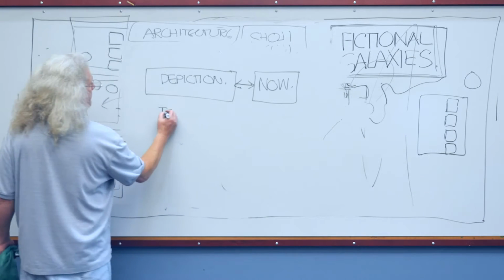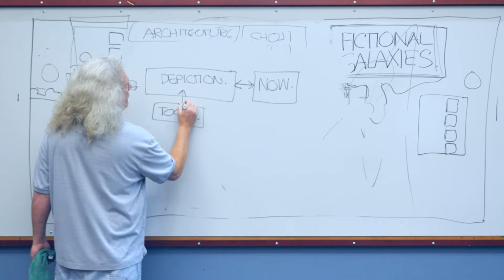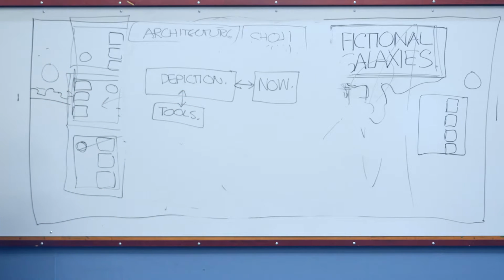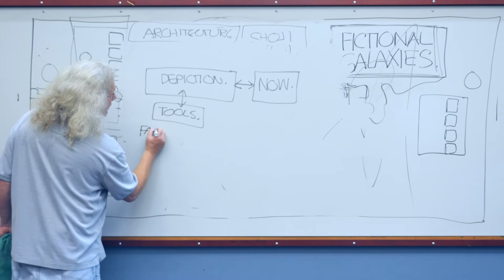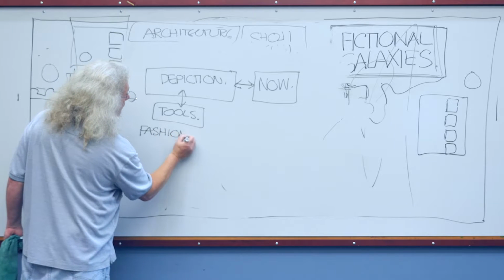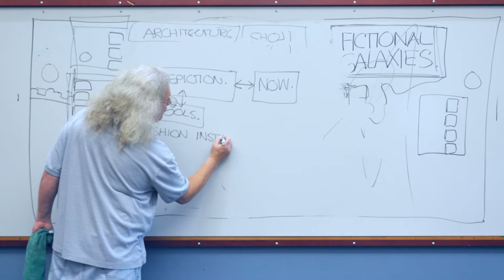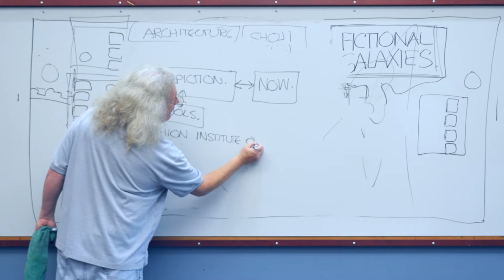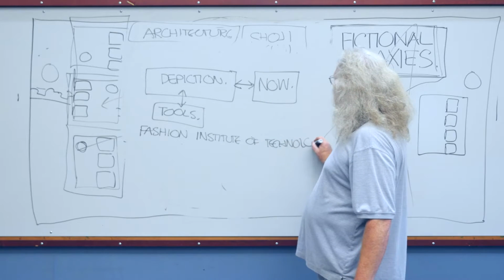And what's interesting in the tools of depiction, and I've had arguments with people about this. There's a place called the Fashion Institute of Technology, which says it all, basically, right in one phrase, even though this isn't necessarily what they're interested in. Words are technology.